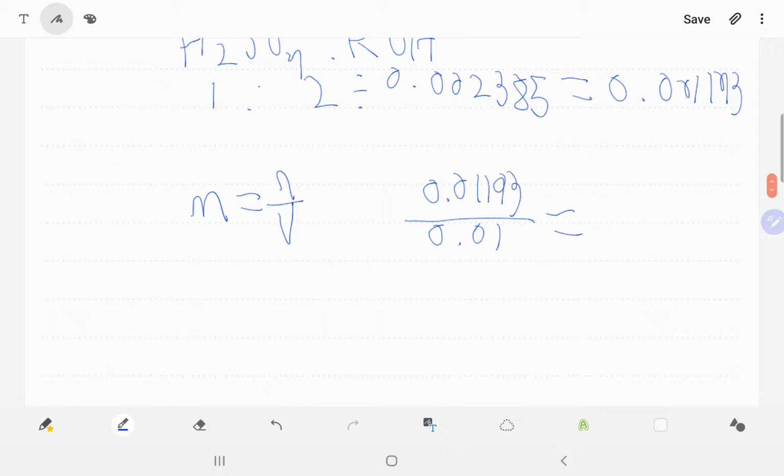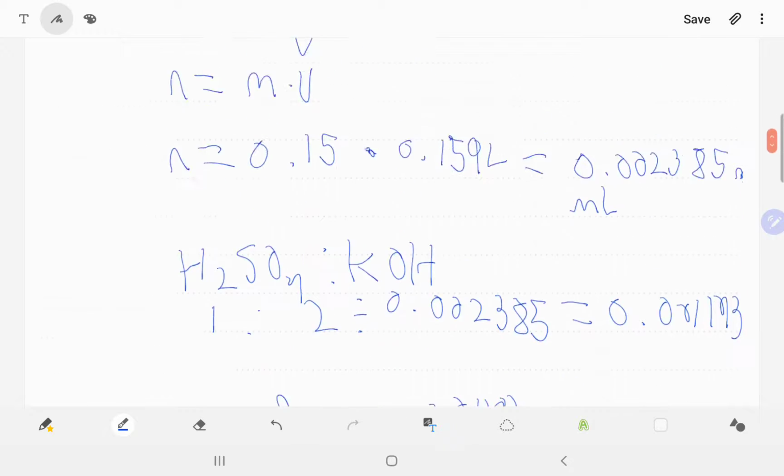You'd plug that into your calculator, and you would get your M would be 0.119 M. And that is your final answer.